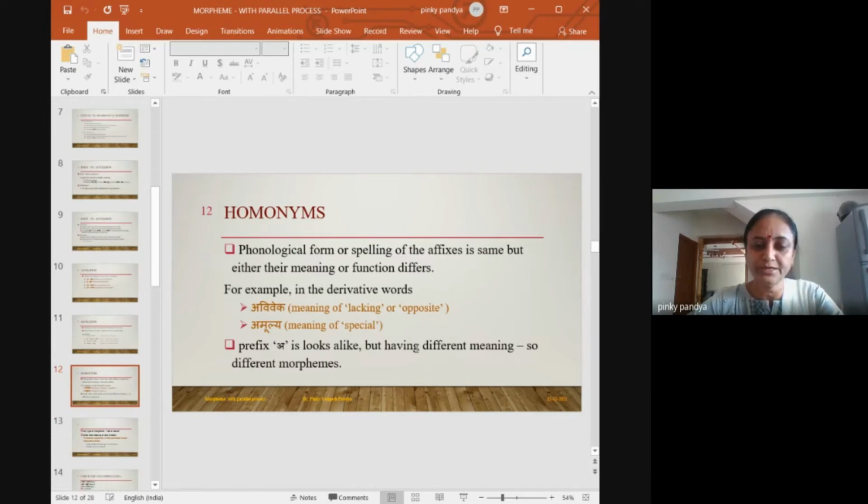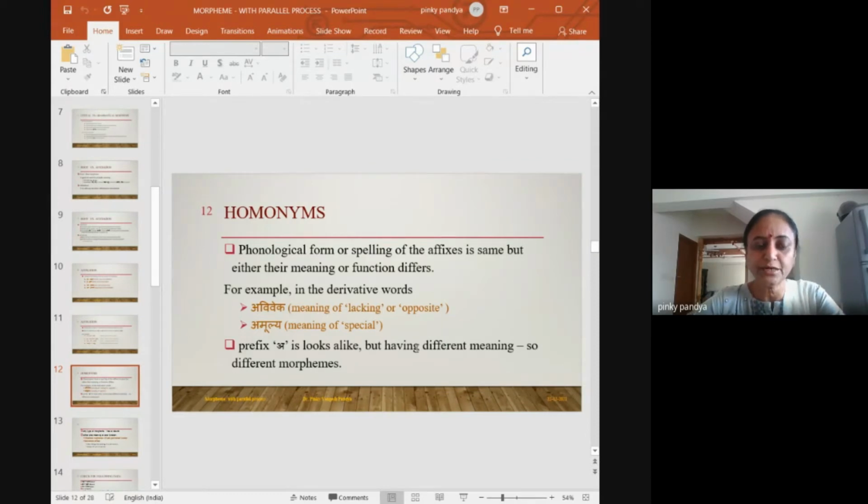There are also some homonyms, where the phonological form is the same and the spelling is the same, but they work differently. Here two words are given, avivek and amulya. In avivek, vivek is the root word and a is a prefix. In the same way, in amulya, mulya is the root word and a is a prefix.